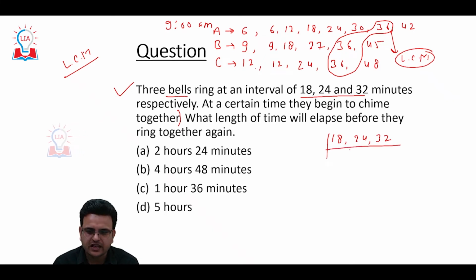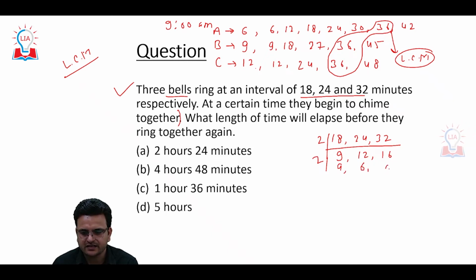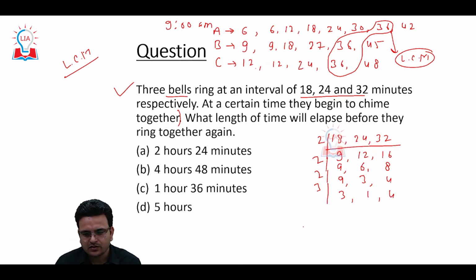So we start by dividing by the smallest number, that is 2: 9, 12, 16; again 2: 9, 6, 8; again 2: 9, 3, 4; then 3: 3, 1, 4. Now all are relatively prime, so 2 into 2 into 2 into 3 into 3 into 4.